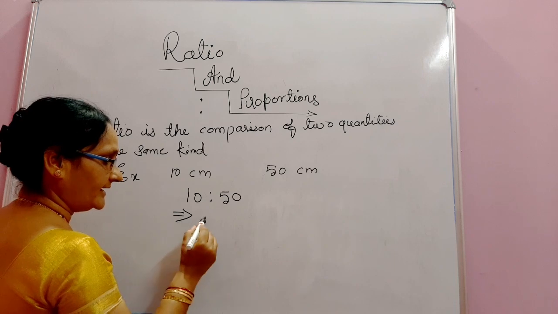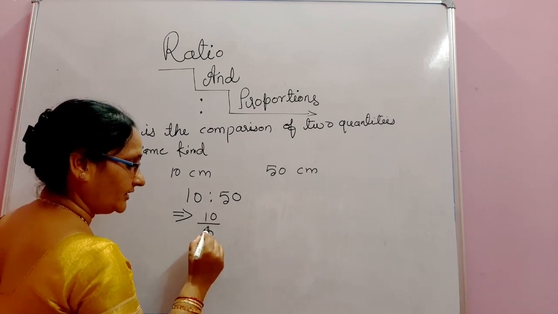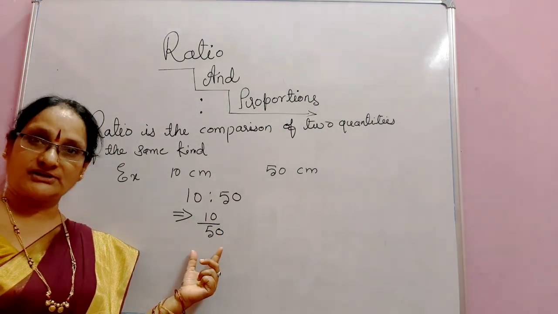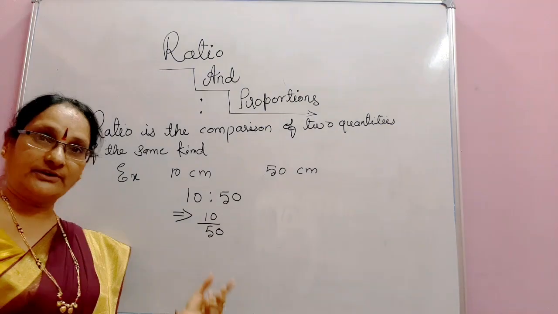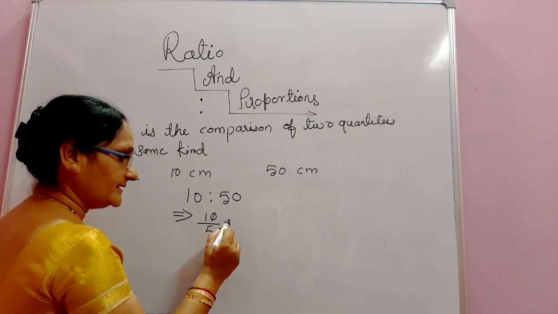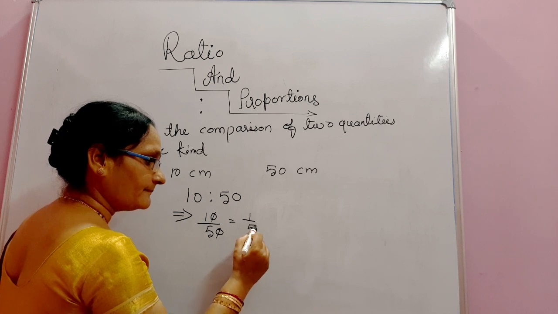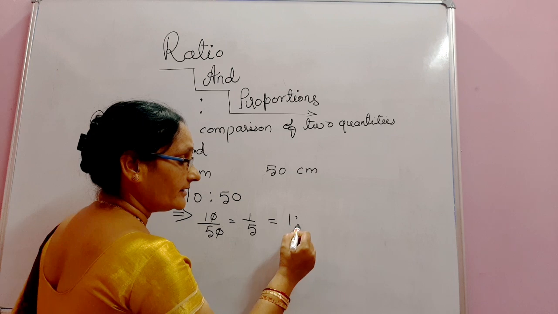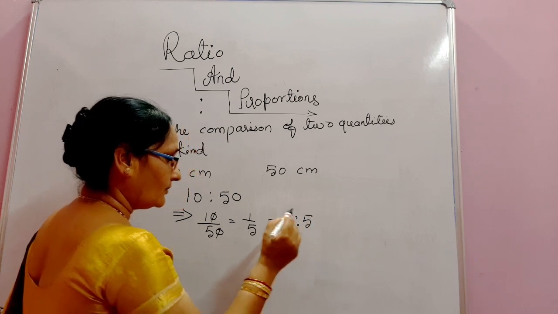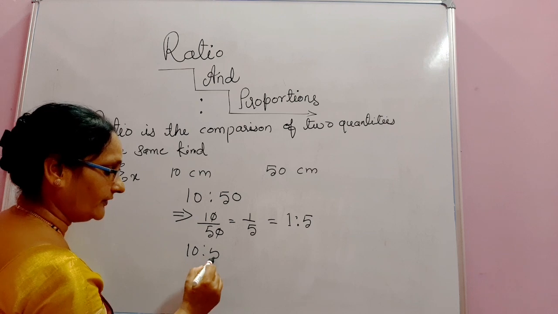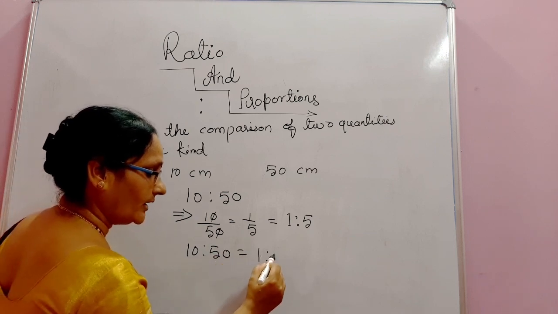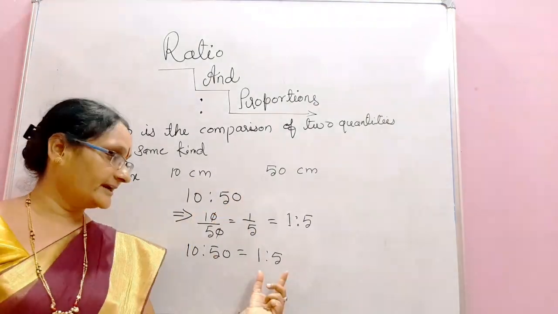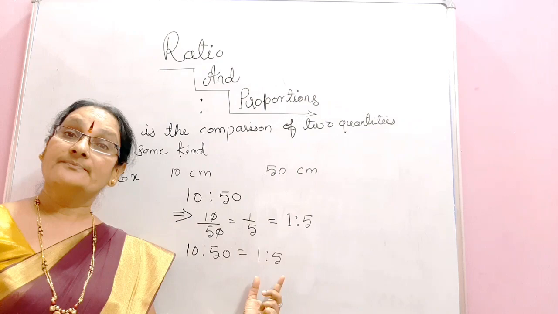So this implies 10 divided by 50. 10 by 50, zero cancelled, this is equal to 1 by 5. This fraction can again be written in the form of a ratio. So 10 is to 50 is equal to 1 is to 5. Like this, ratios can be simplified and written in the form of a simplified ratio.